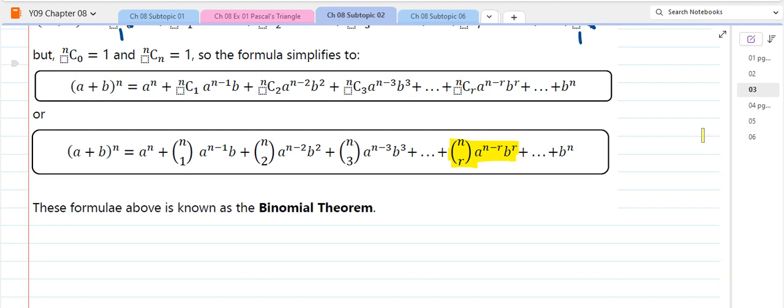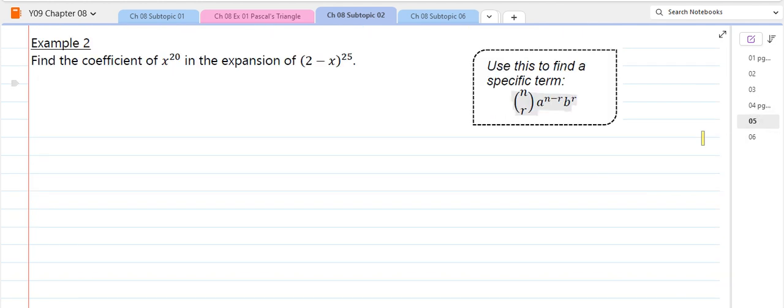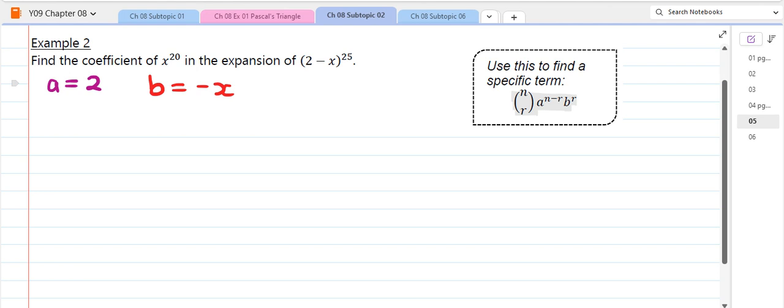So for example, here you are looking for the coefficient of x to the power of 20, so you are looking for the term which has x to the power of 20. In this case, your a is 2, your b is negative x, and your n is 25.